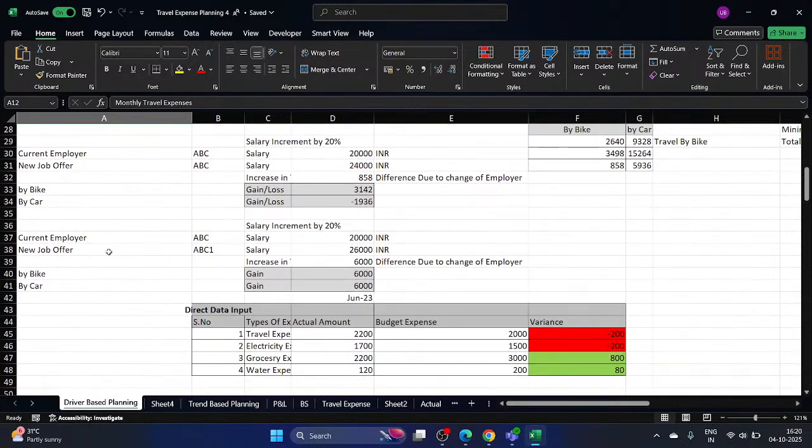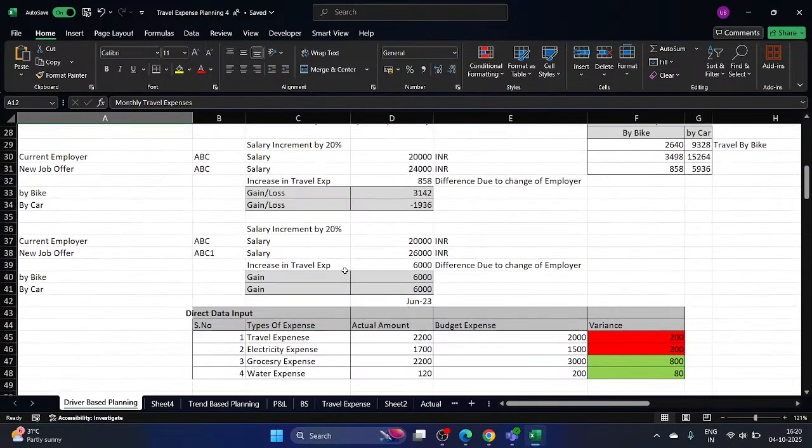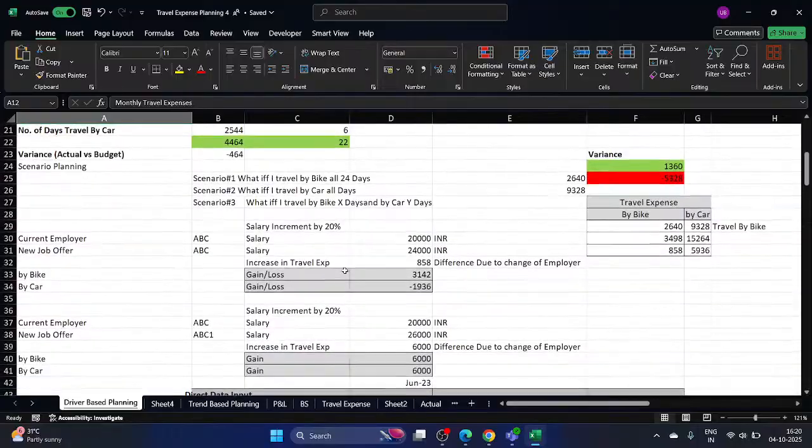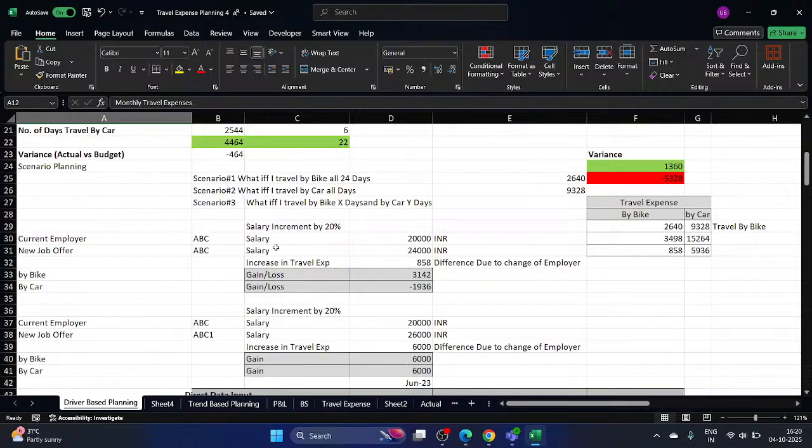Direct data and travel expense. Suppose there is one current employee who is doing a job in ABC company. Their salary is in their range, and they got a new job offer. It's 24,000.